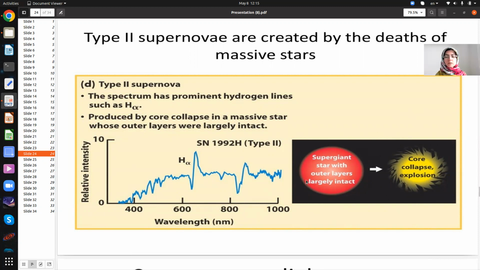You see here a supergiant star with outer layers largely intact, and then it goes to core collapse and explosion. You see in its spectrum we have the H alpha line.